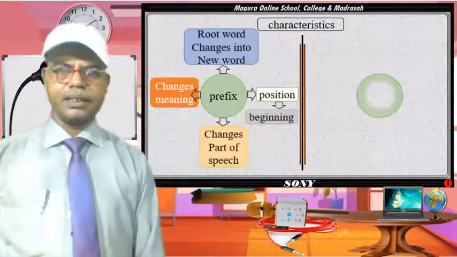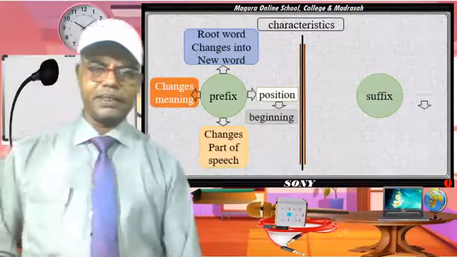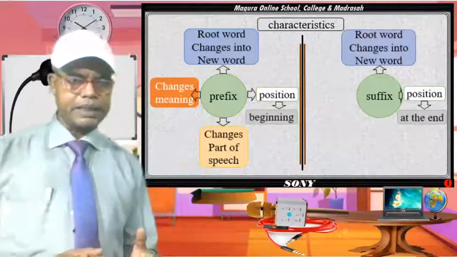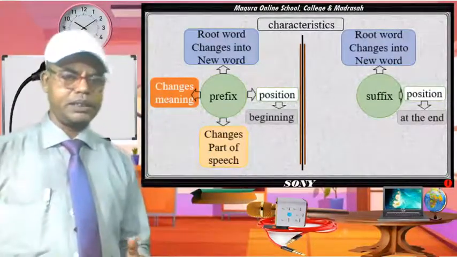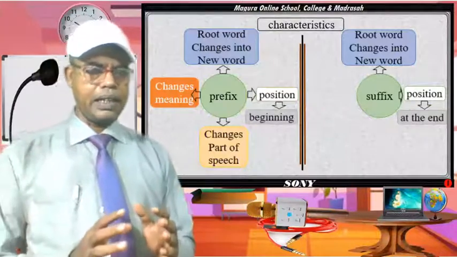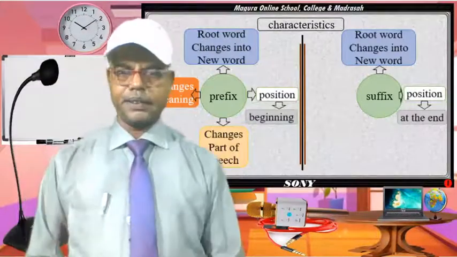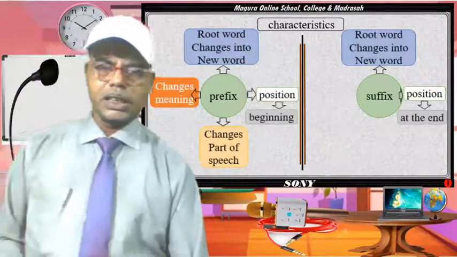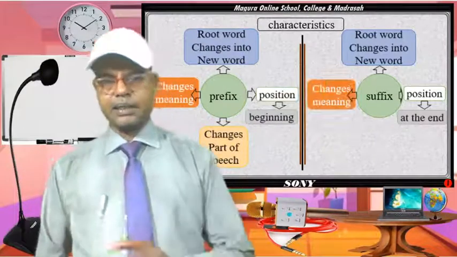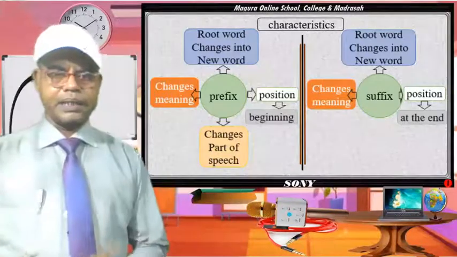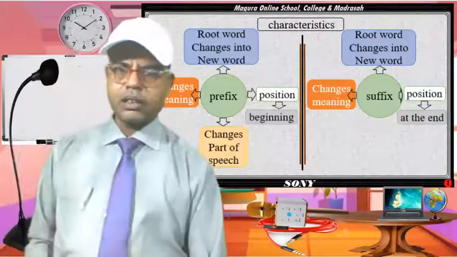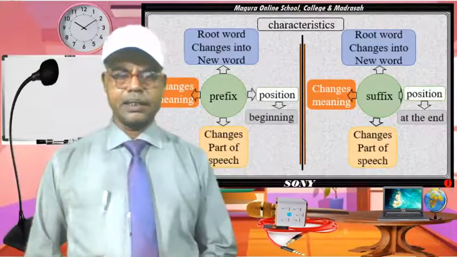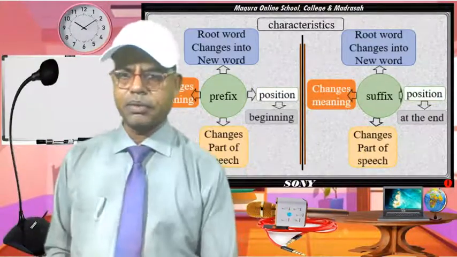Similarly, in suffix, position is a group of letters that takes position at the end, and changes into a new word. Similarly, like prefix, it changes meaning and also changes part of speech. So I think it is clear to you.